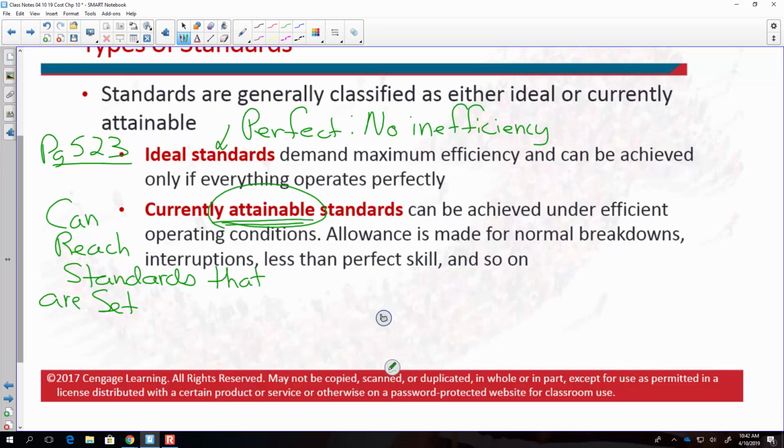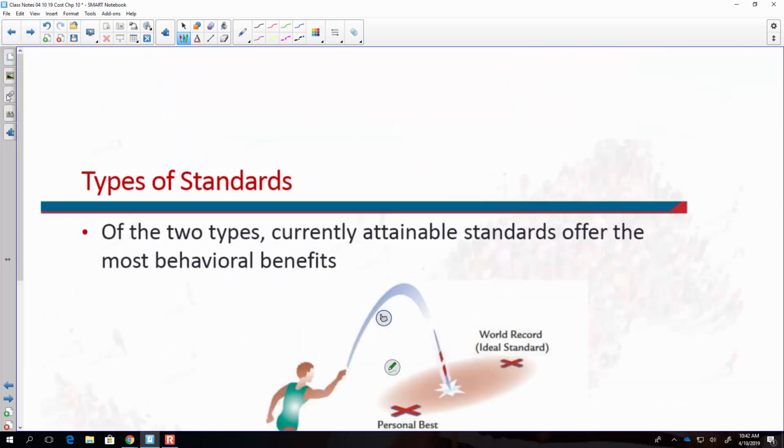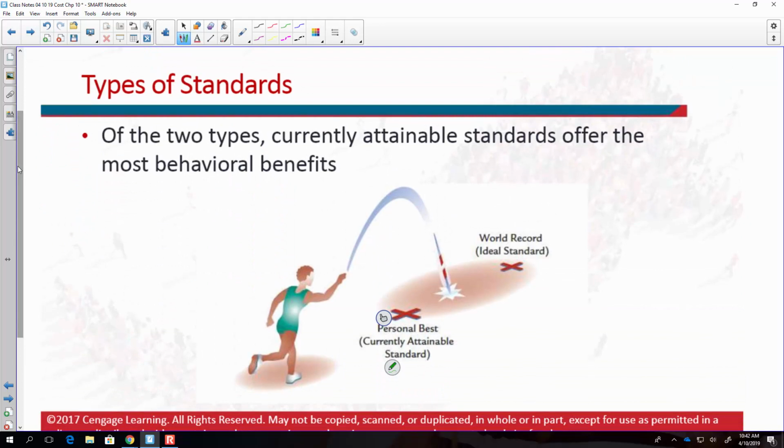And there's a cute little graph. Isn't this cute? Right? Here we are. Here's the world record over here. Well, let's shoot for something in the middle, right? Continuous improvement, right? That lean operation is what we're looking for.